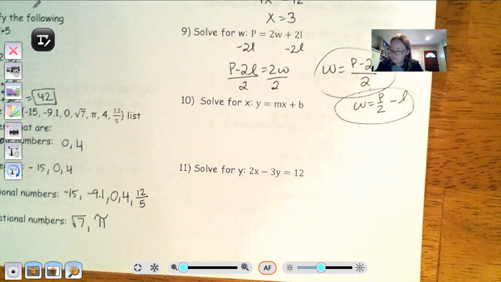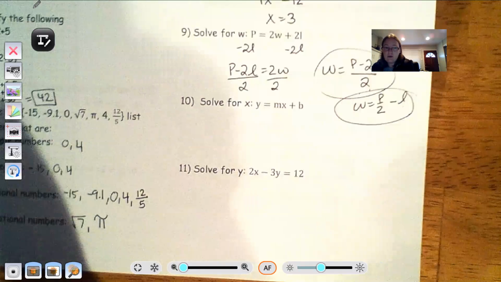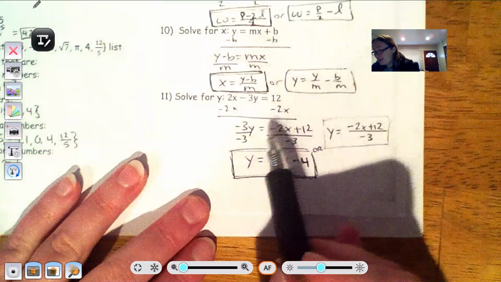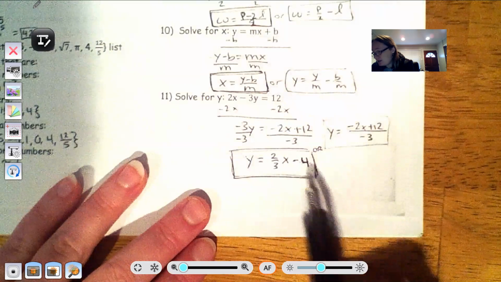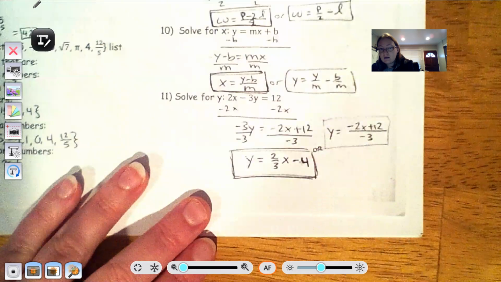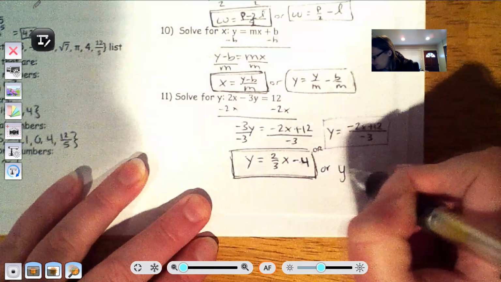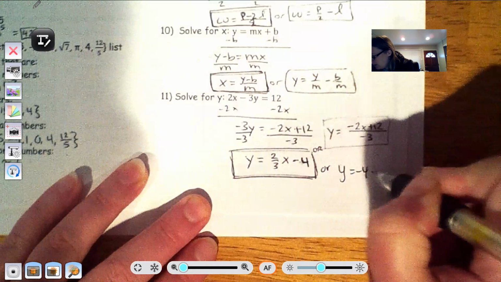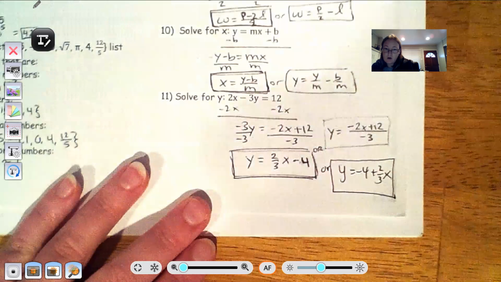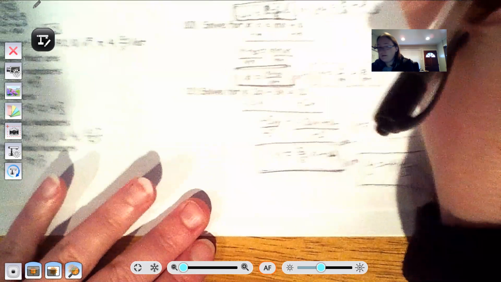Yeah. The way I did it was I put the x term first, just because I'm used to putting it in standard form. Okay. There's your -4, and there's your 2/3 x. Oh, okay. You could also write it the other way. It just wouldn't be standard form, but it would still accept it, and it's still a correct answer. Okay. Perfect.